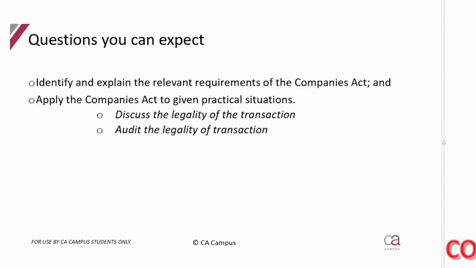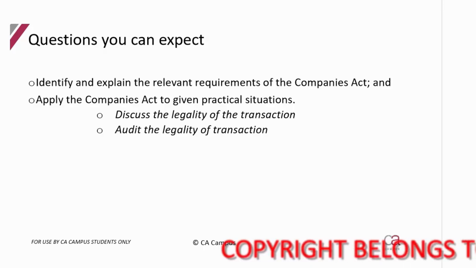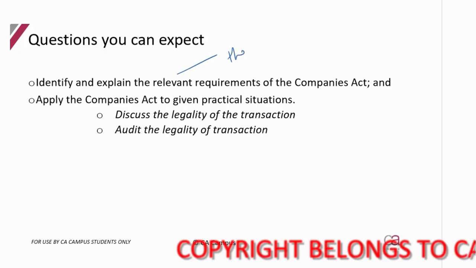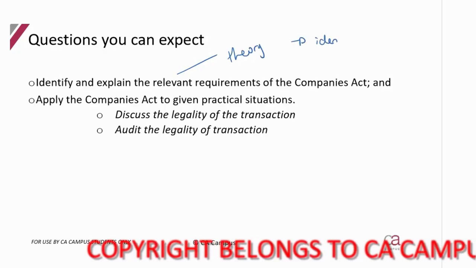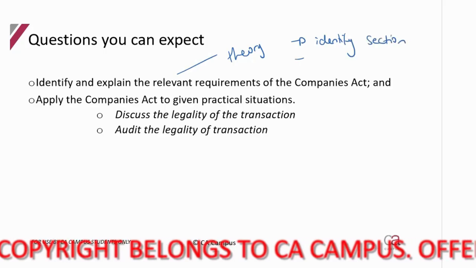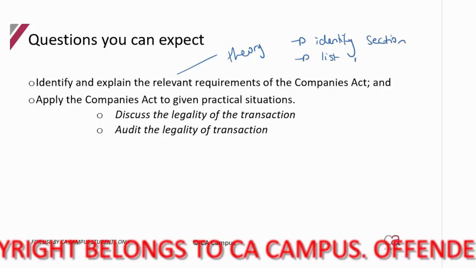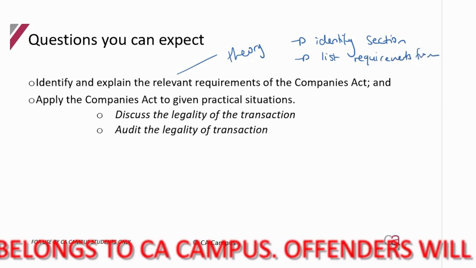Guys, the type of questions you can expect. So the first type, identify and explain the relevant requirements of the Companies Act. This is a purely theory type question. And all you need to do is first go and identify which specific section is applicable, and then you need to list the requirements from the section.